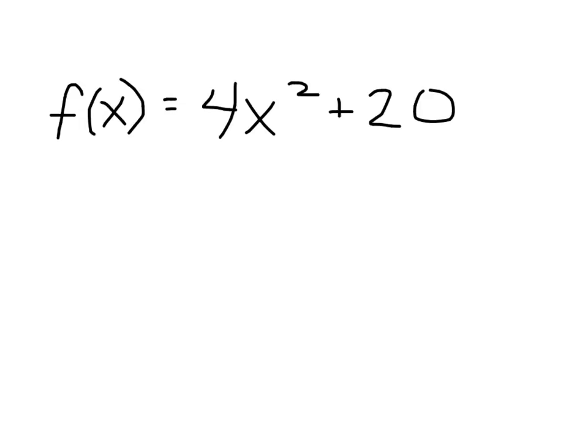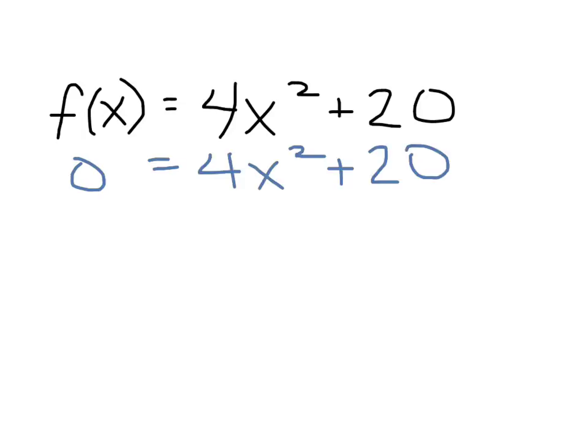And now, what's different about this problem as compared to the ones that we just did? Is there anything different? No. You solve it the same way. How do I solve for x? Minus 20 first.